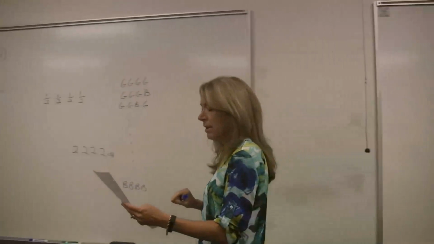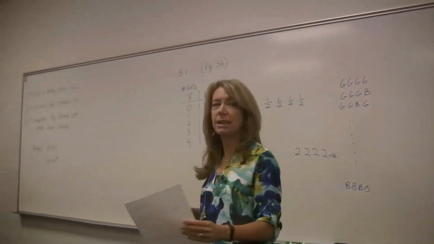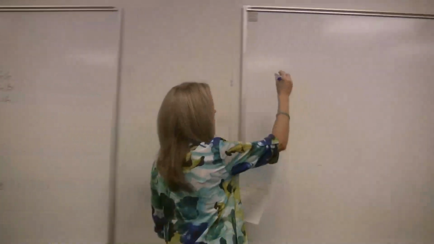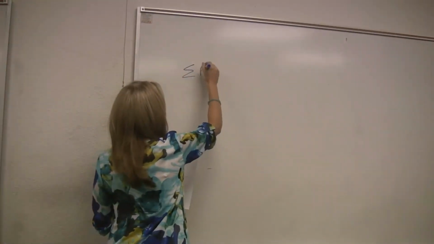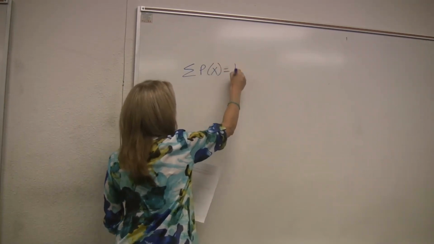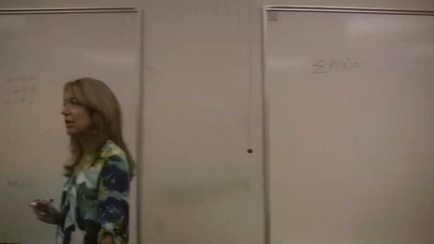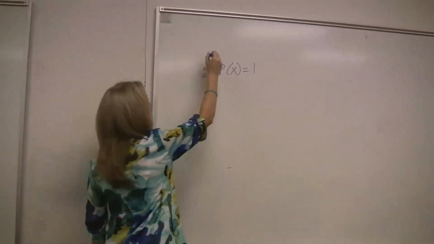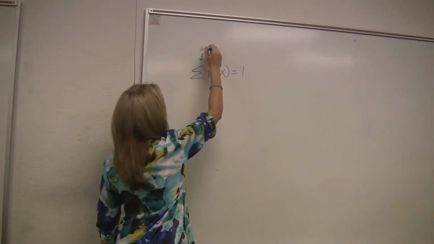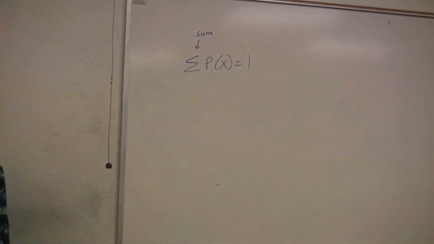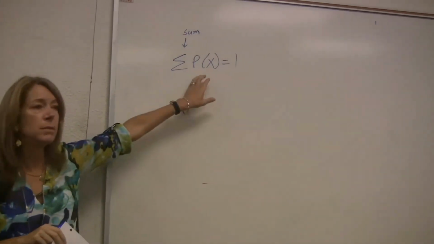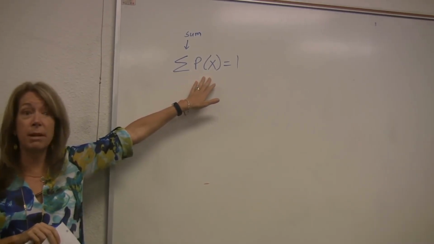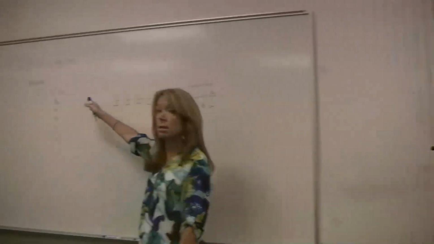And then there's these probability requirements, which look scary, but we're going to interpret them. Requirements to be a probability distribution. Here's the first requirement. Somebody tell me what that means in English. It means sum. Okay, she says this means sum. And P(x) would be the probabilities, right? Those are all the probabilities.